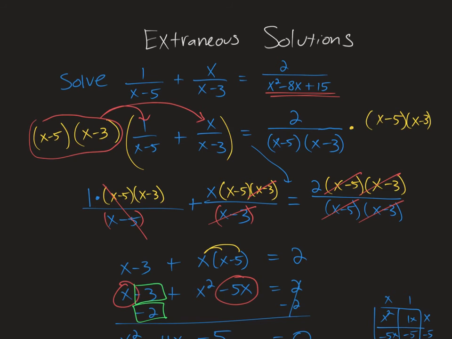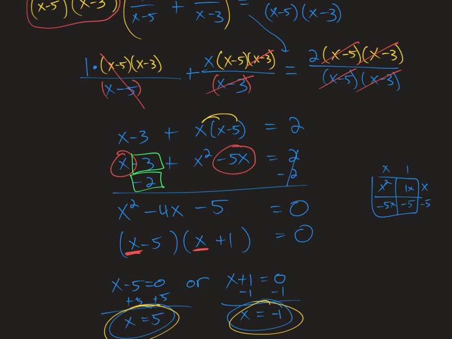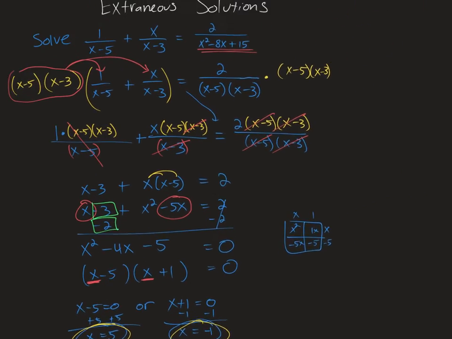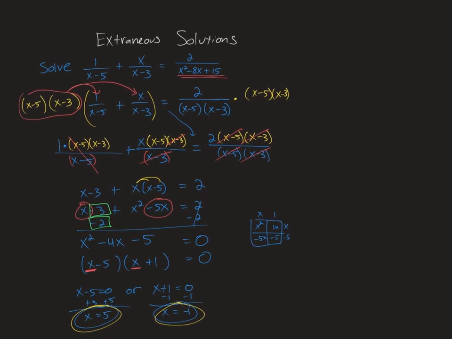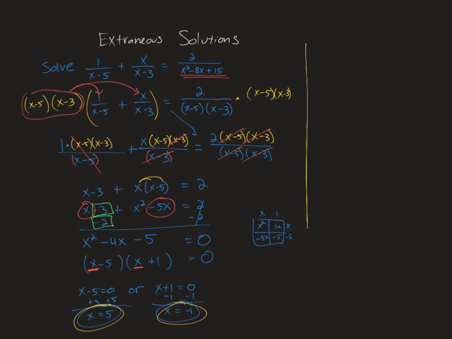As we keep going, we find that we get to a quadratic function that we can factor and use the zero product property to get a solution. And I'm going to do something funny. I'm going to zoom all the way out because I want you to see this check here.